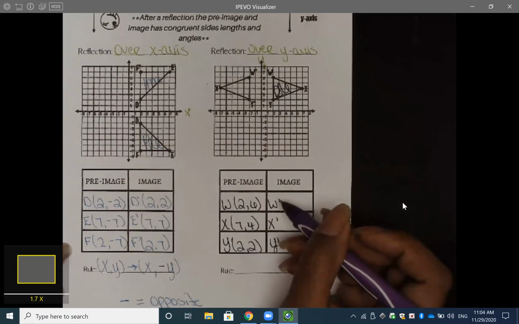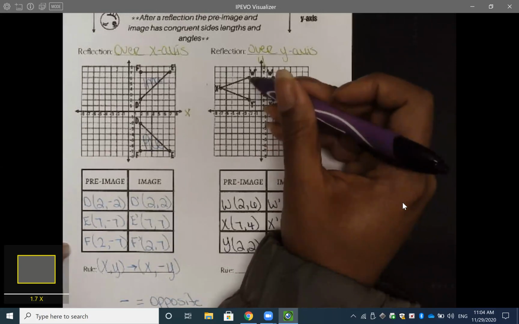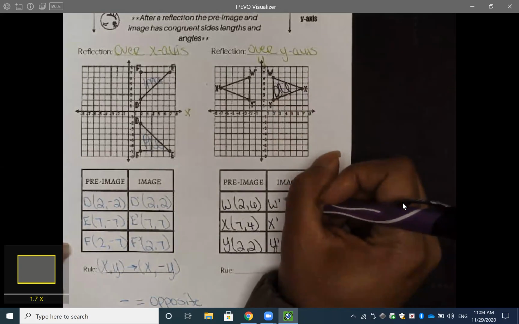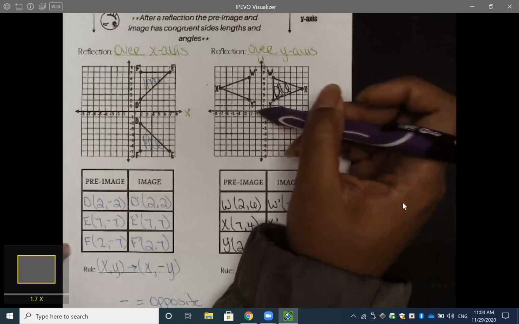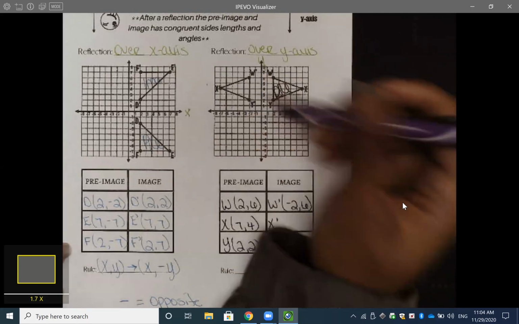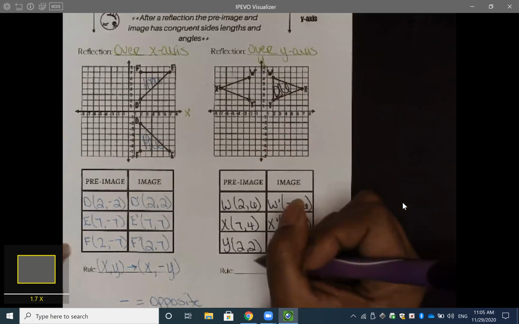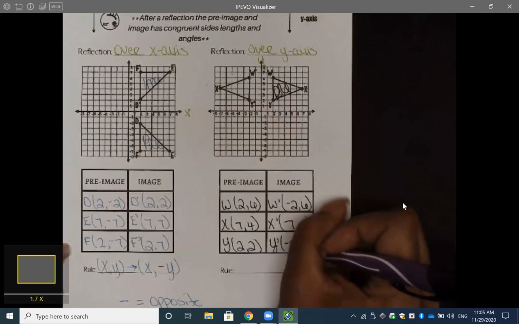For my W prime, I went over to -2 and up to +6. For my X prime, I went over to -7 and up to 4. And for my Y prime, I went over to -2 and up to 2.